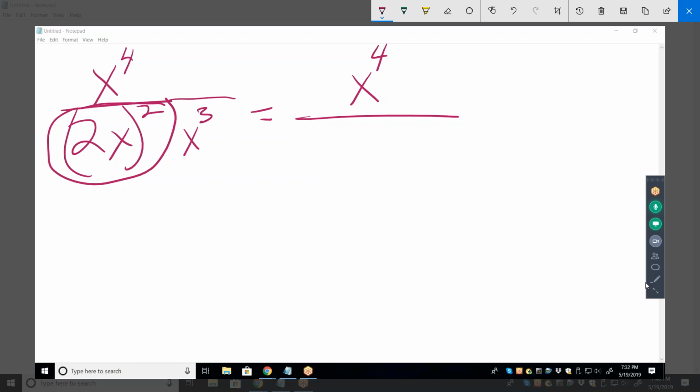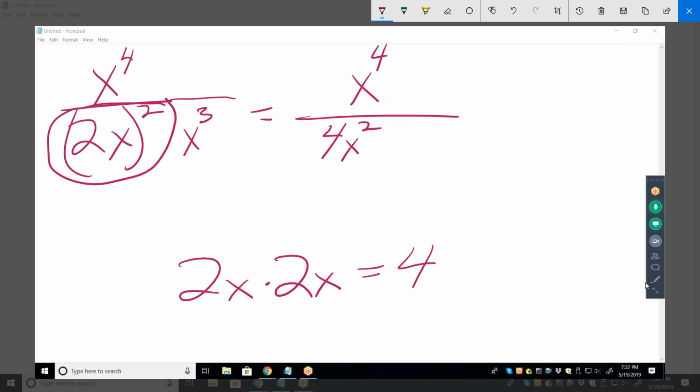What is that? 4x squared. Well, wait, what? Oh yeah, because you have to distribute it out. 2x times 2x. You got to multiply the numbers. You got to multiply the variables. Okay, we still have this x cubed.